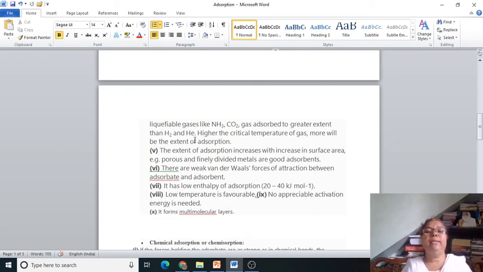Remember, easily liquefiable gases get adsorbed to a greater extent than H2 and helium. The higher the critical temperature of the gas, the greater the extent of adsorption. Remember.